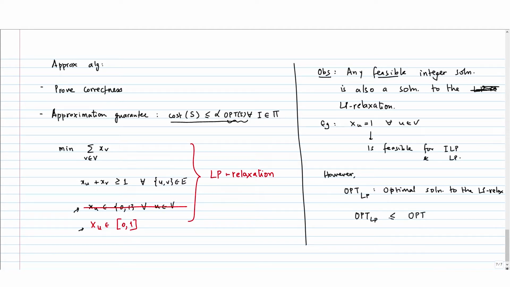The linear program could have a solution that is strictly smaller than what is achievable by the integer program.